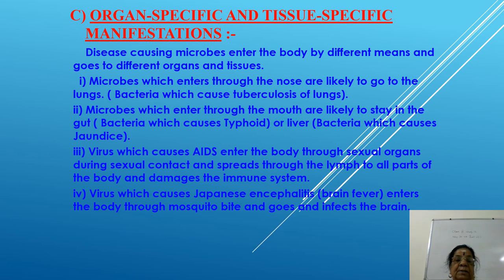Then viruses which cause AIDS enter the body through sexual organs during sexual contact and spread through lymph to all parts of the body and damage the immune system. Another one, the virus which causes Japanese encephalitis, called brain fever.